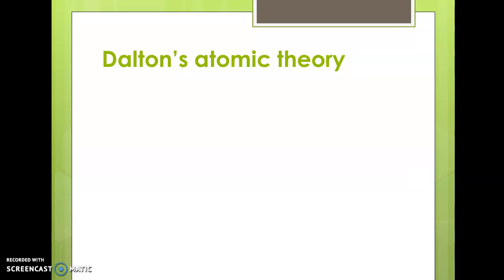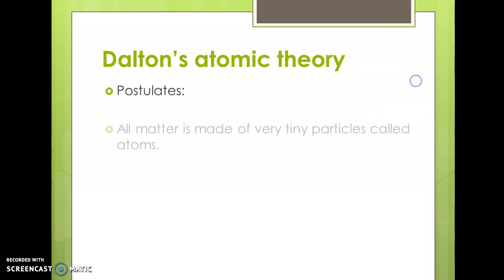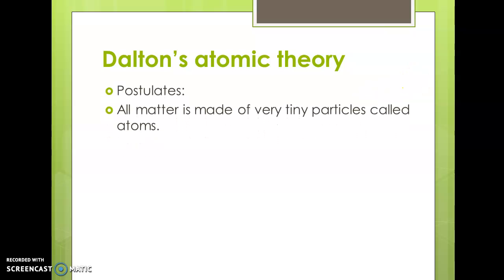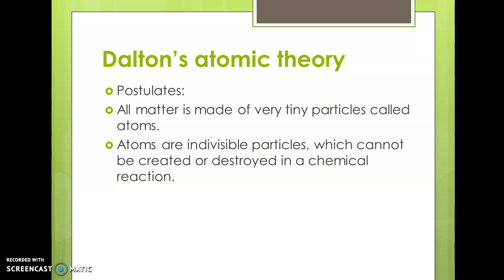All the 5 laws of chemical combination paved the way for John Dalton to frame his atomic theory. Let us see the postulates of Dalton's atomic theory one by one. The first postulate is that all matter is made up of very tiny particles called atoms, as we all know. And atoms are indivisible particles which cannot be created or destroyed in a chemical reaction.